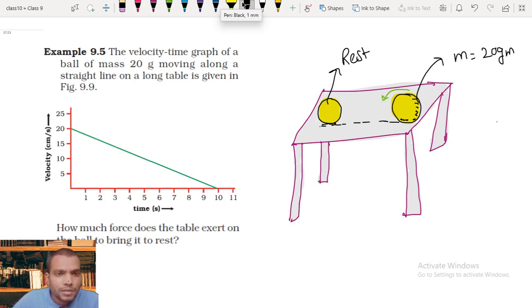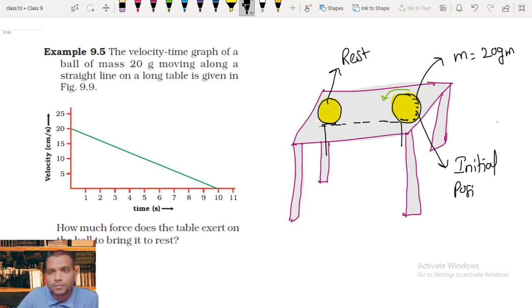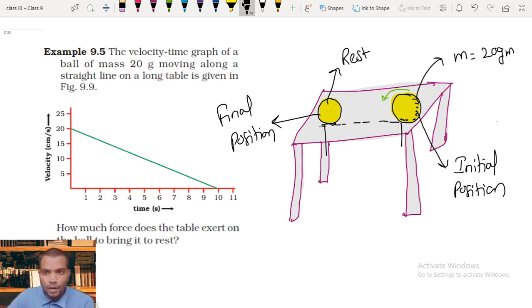And from the graph, if you can see how much time it has taken to roll from here to here, if this is the initial position, and this is the final position. At the initial position, when time t equals 0 in the graph, the ball has a velocity of 20 centimeter per second.